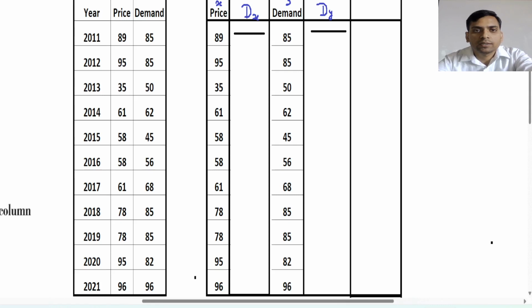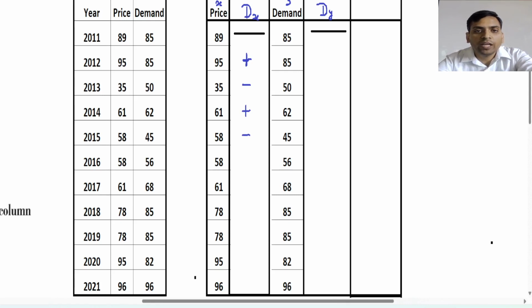For the second price, 95, this is an increase with respect to 89, so we will mark only a plus symbol. Then 35 is a decrease with respect to 95, so we will mark minus. In that way, for an increment we put plus, for a decrement with respect to the previous one, minus.